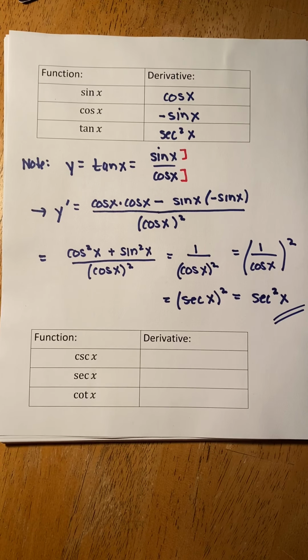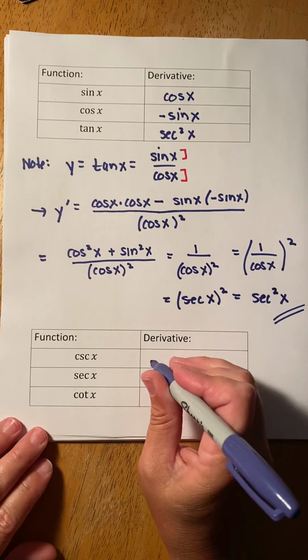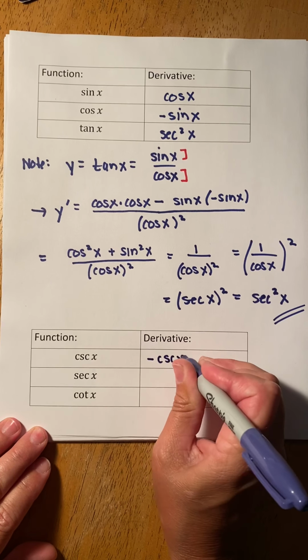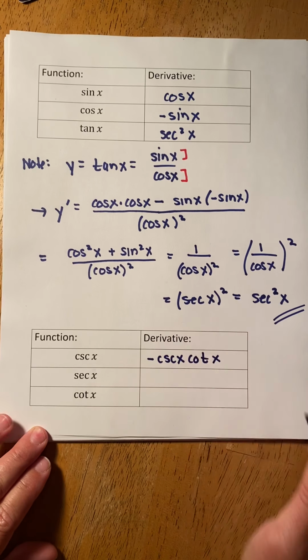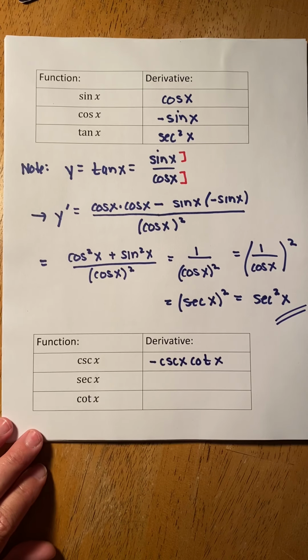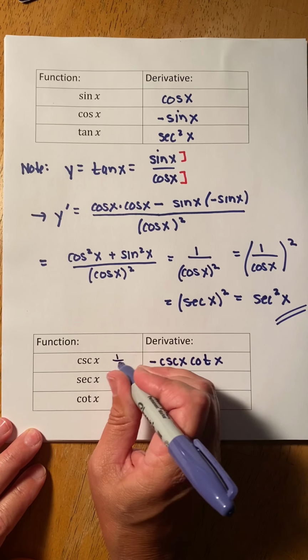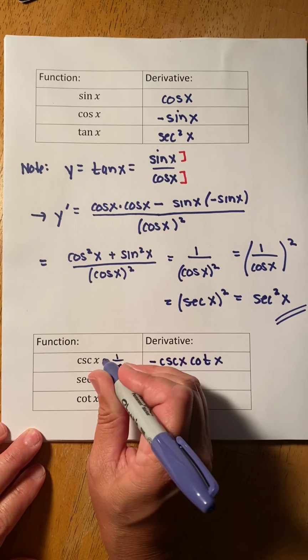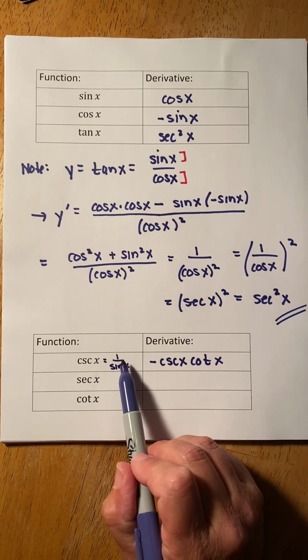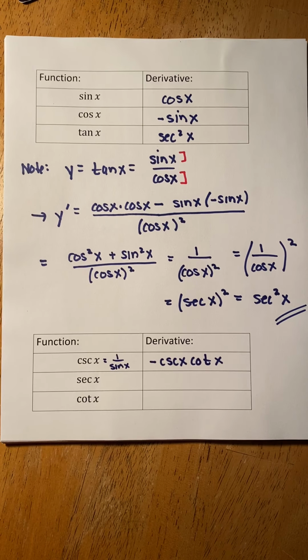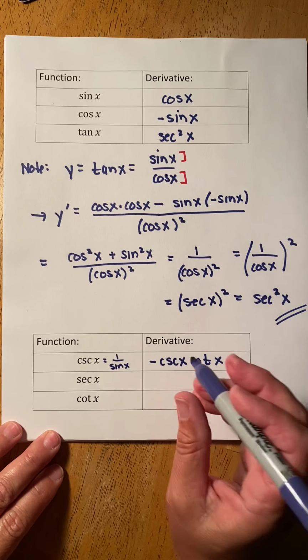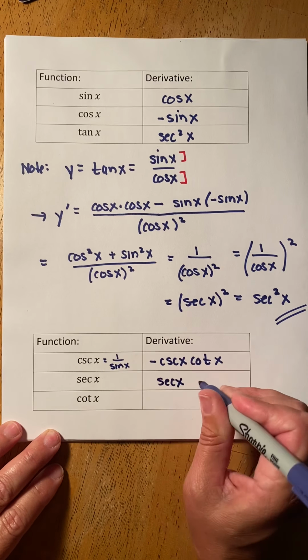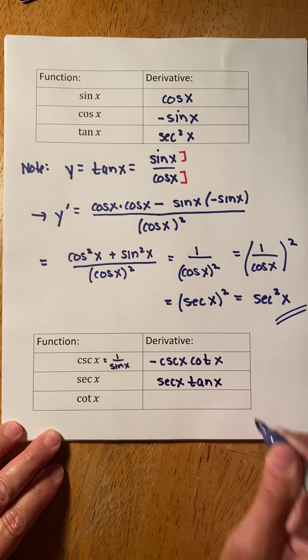All right, the derivative of the cosecant is the negative cosecant of x times the cotangent of x. How can we find that? Well, remember, the cosecant is 1 over the sine of x. So if you took the derivative of 1 over the sine of x using the quotient rule and simplifying it using your trig identities, you would get negative cosecant of x times the cotangent of x. The derivative of the secant is the secant of x times the tangent of x.